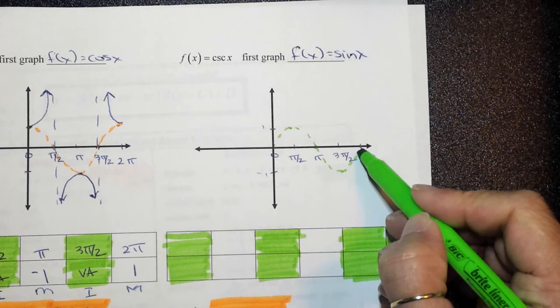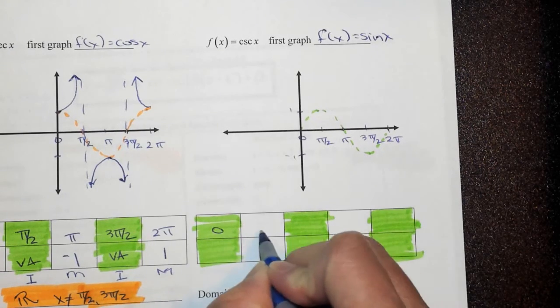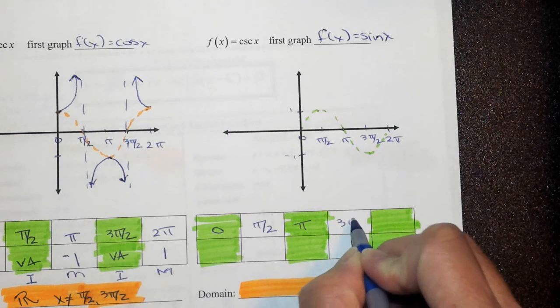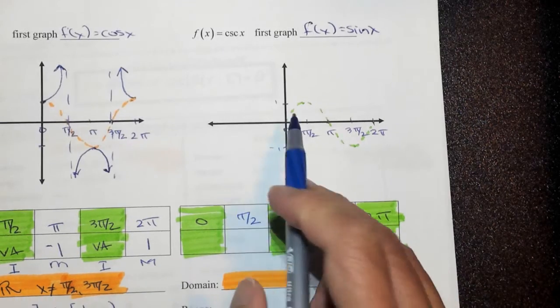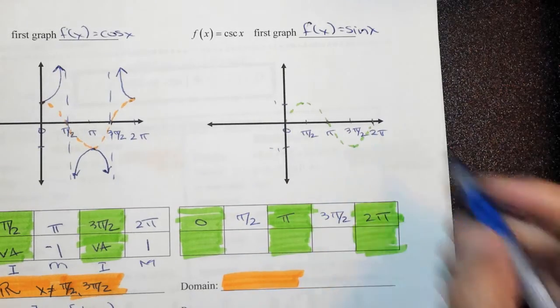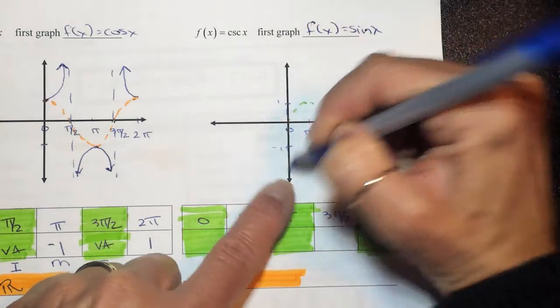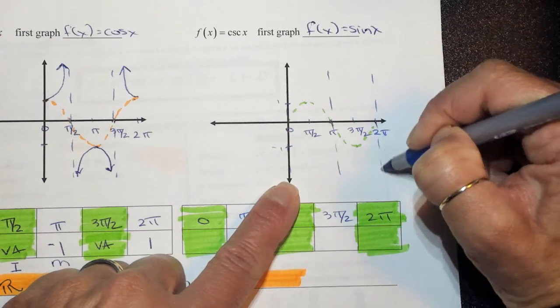And if you notice here, my sine curve hits the baseline 3 times. So that means from 0 to 2 pi, I have 3 vertical asymptotes. 1, 2, 3. So even though you can't see it here, we know that we have a vertical asymptote here, we have a vertical asymptote here, and here.